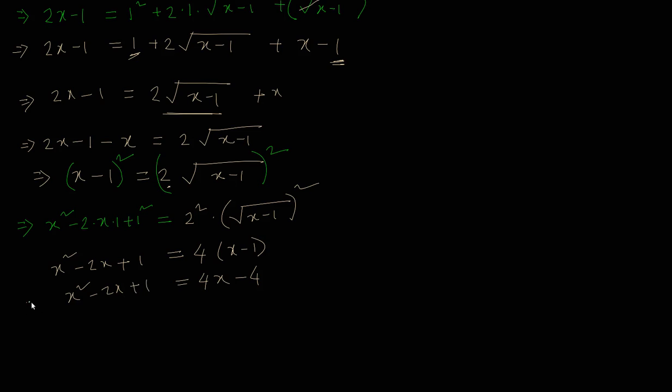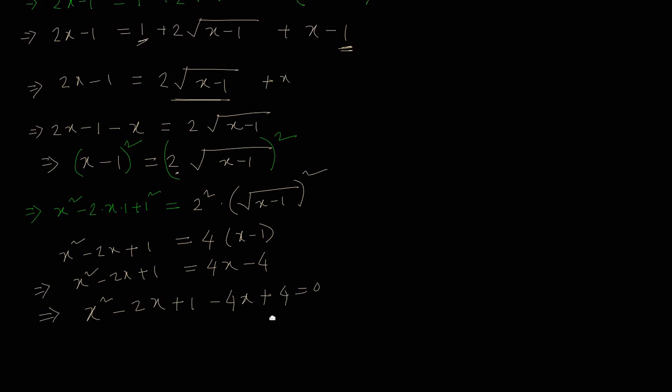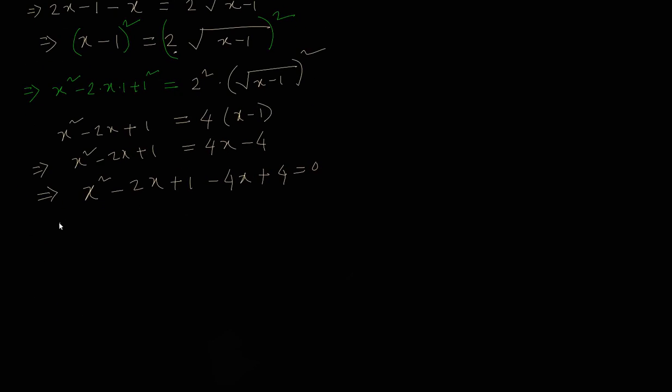Now let's bring those things to one side. So I have x square minus 2x plus 1 minus 4x plus 4 equals 0. So I have x square, minus 2x minus 4x, which is minus 6x, plus 1 plus 4, which is plus 5, equal to 0.